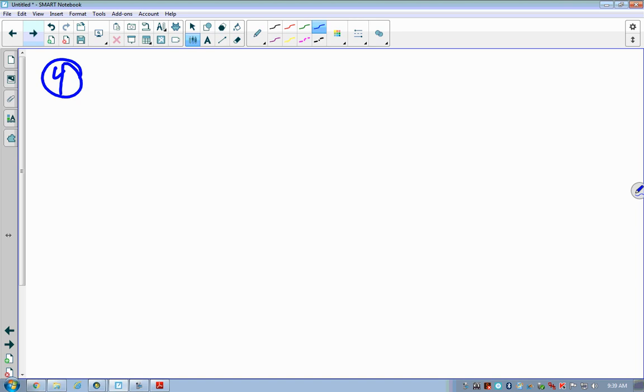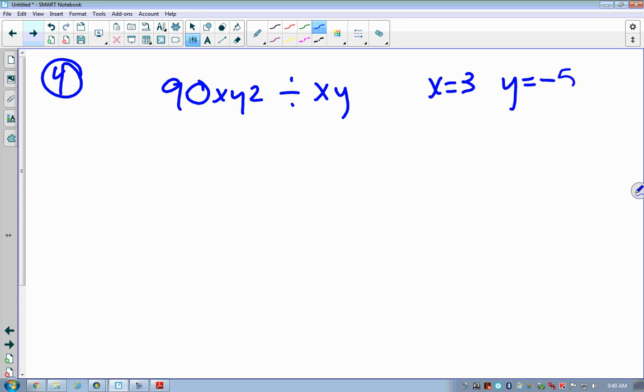Number 4, evaluate the expression for the given values of the variables. 90xyz divided by xy for x equals 3, y equals negative 5, and z equals negative 2. What's the first thing we need to do? Plug everything in.